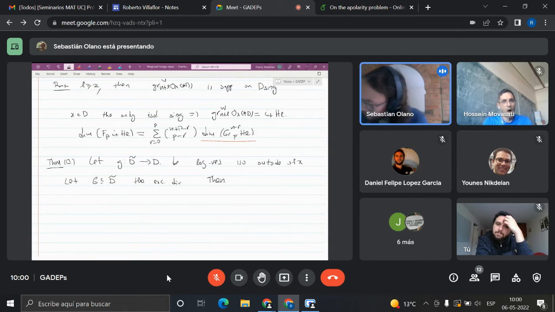Then we can describe these dimensions explicitly in terms of Gr^{n-p} H_L.